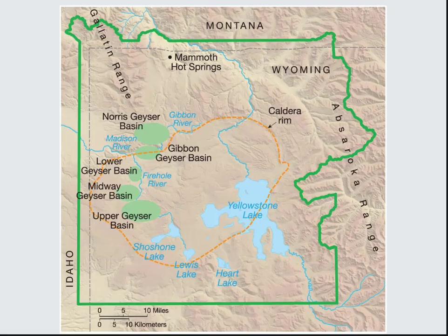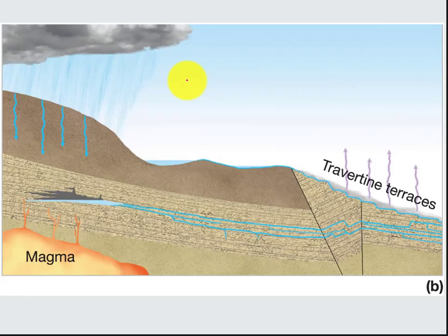Another cool thing that you can see in Yellowstone are what are called travertine terraces up here by Mammoth Hot Springs, not to be confused with Mammoth Mountain in the Sierra Nevadas. So basically, this is what happens. We have moisture from the atmosphere percolating down into the rocks, and as it percolates down, it dissolves the minerals. Then we have magma. Magma has heat. Magma has gases that it gives off, specifically carbon dioxide.